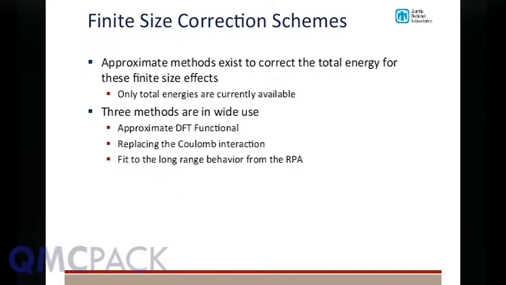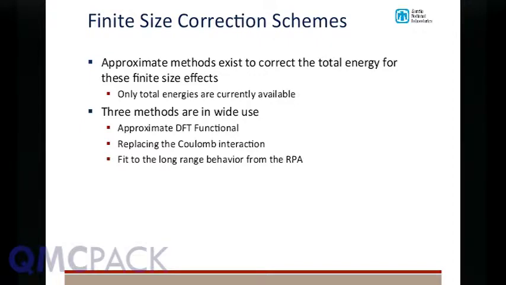So there are several different schemes where I can do a smaller simulation cell and try to calculate what the effects of these spurious correlations will be. At the moment, all of these only correct for total energies. So it's something to keep in mind. If you wanted to calculate something other than that, basically you're stuck with doing a calculation in a large cell.